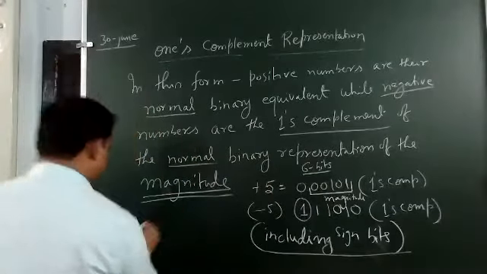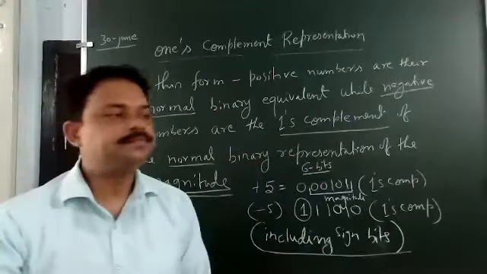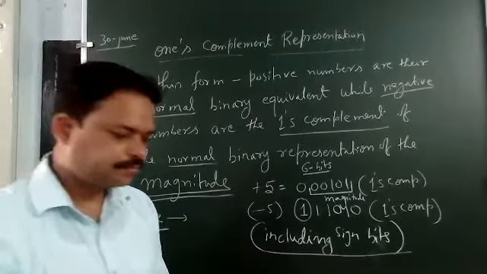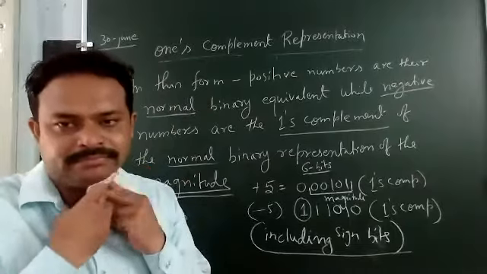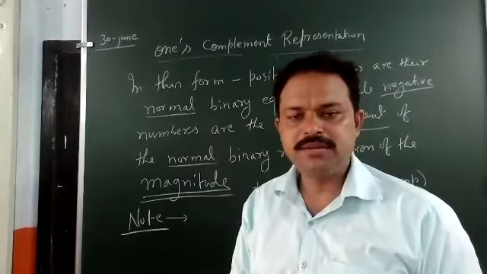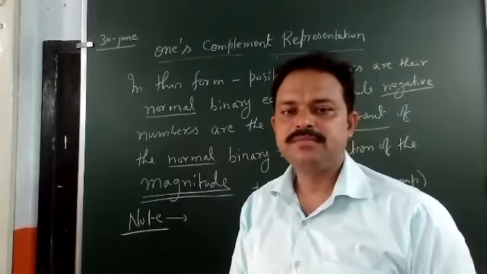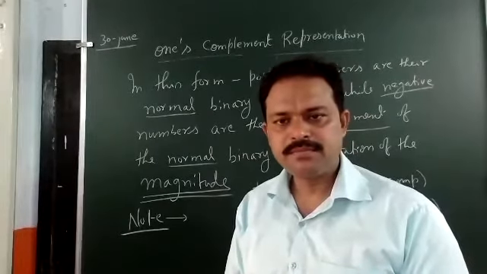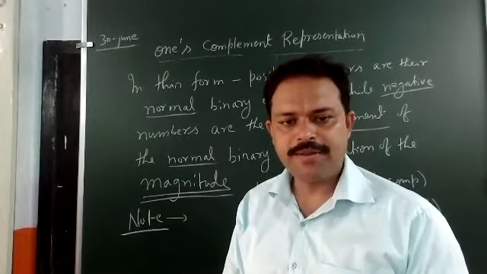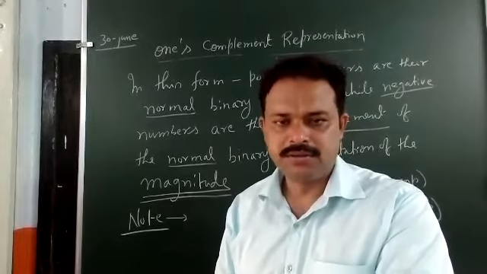In your copy, write down a note. To represent negative value in one's complement, we replace 0 with 1 and 1 with 0, including sign bit.